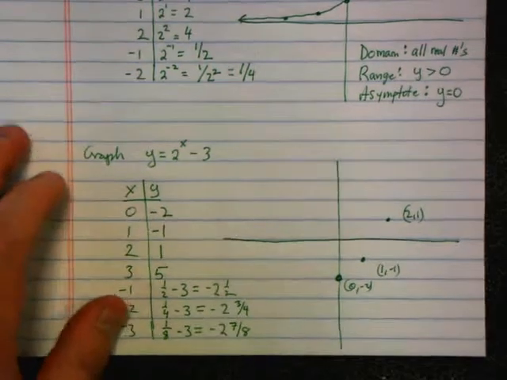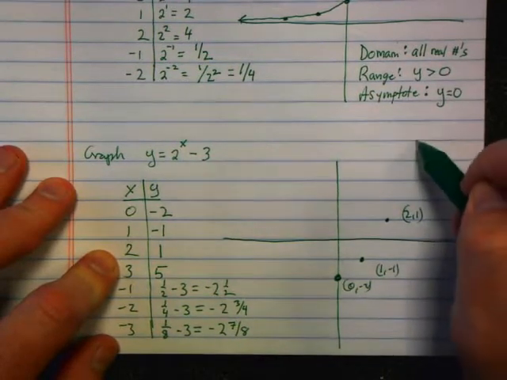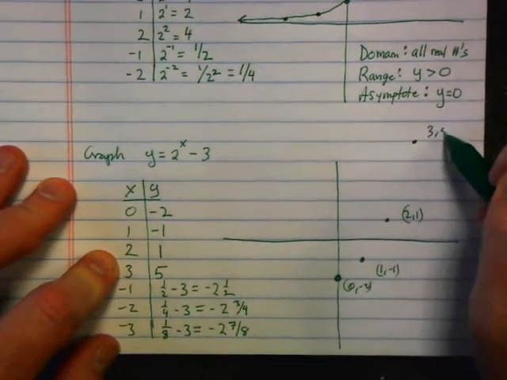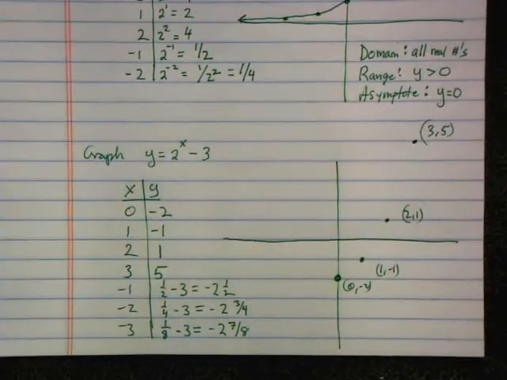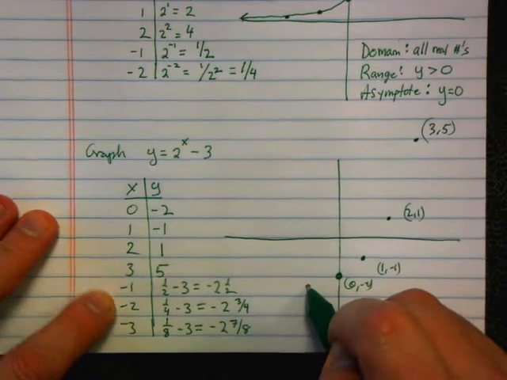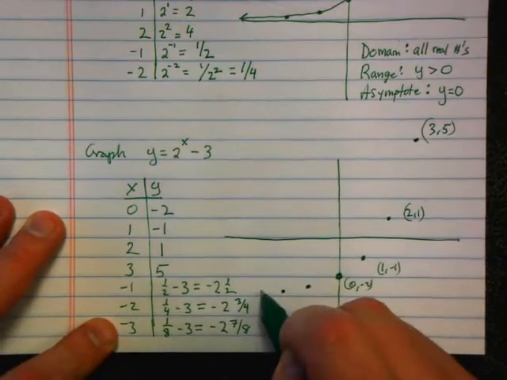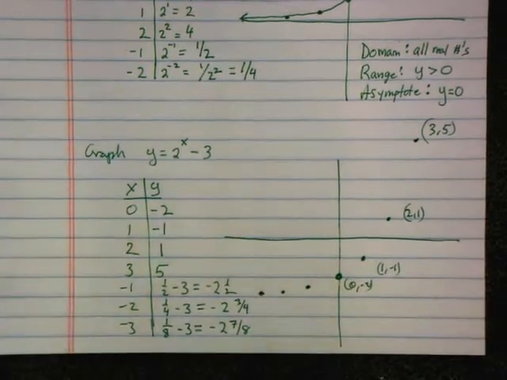But it's not quite. You draw the next one, (3, 5), and then you see it's certainly not going to be a line. And then we have (-1, -2.5), (-2, -2 3/4), (-3, -2 7/8).